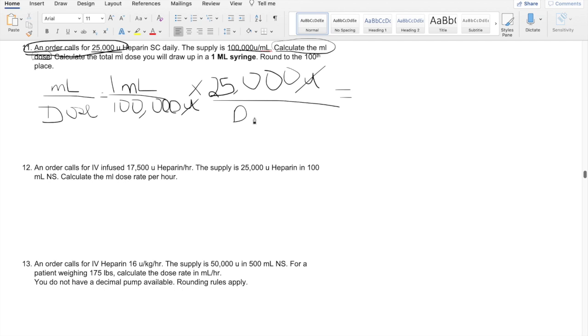So now what we're going to do is 25,000 divided by 100,000, and that is going to give us our answer, which is going to be 0.25 milliliters.